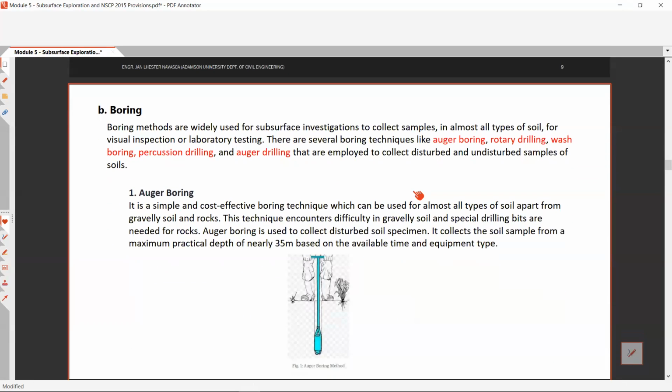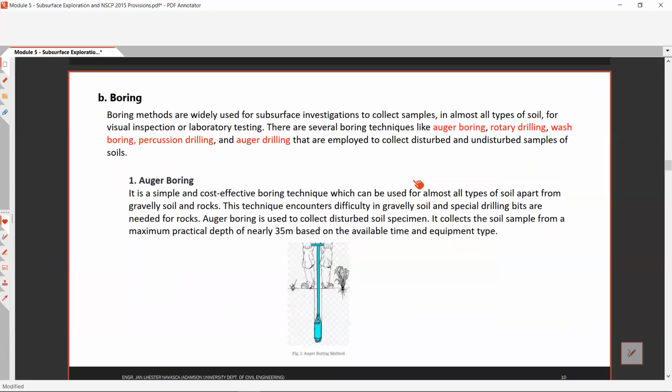And next is the boring. This one is widely used for subsurface explorations. The boring methods are widely used for the subsurface investigation to collect samples in almost all types of soil for visual inspection or laboratory testing.